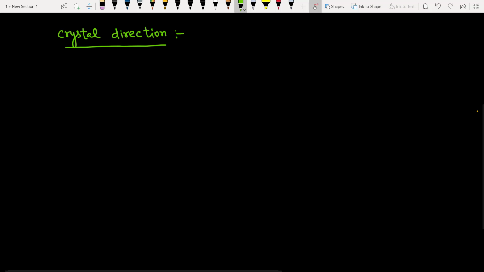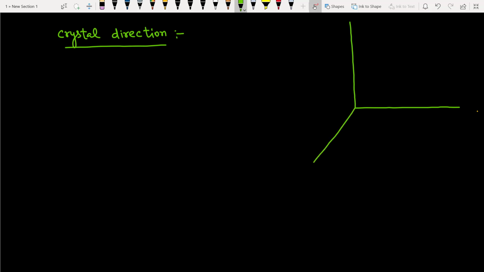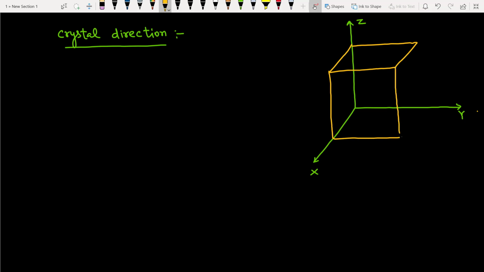For this we assume a coordinate system and here we draw a cube. The cubic system is the simplest system to understand. So for simplicity, to understand the concept of directions and planes, we have drawn here a cube.